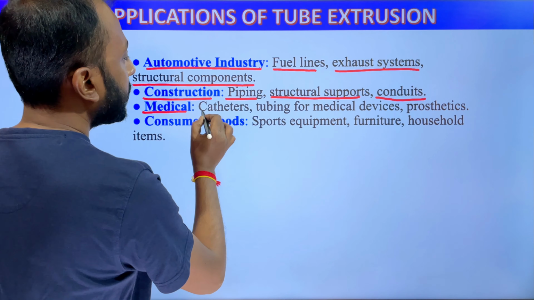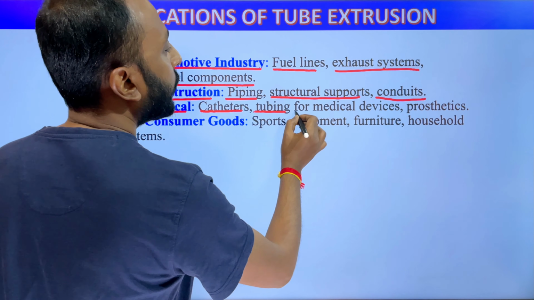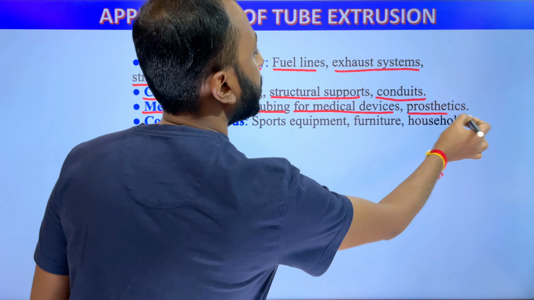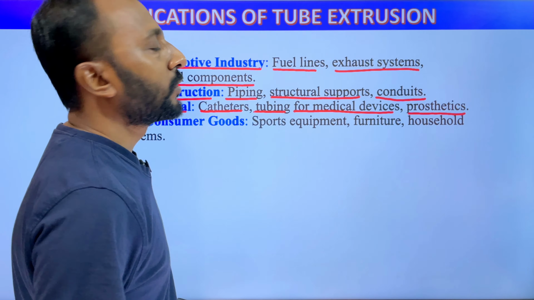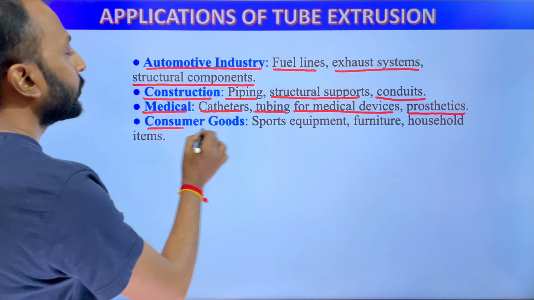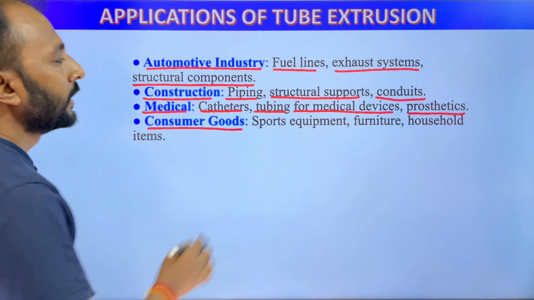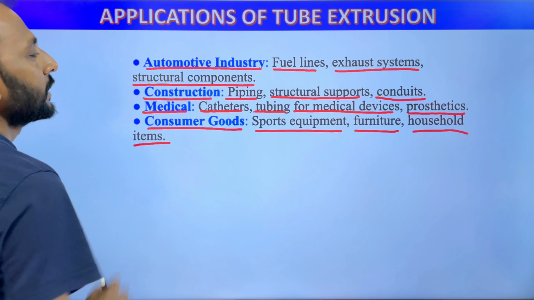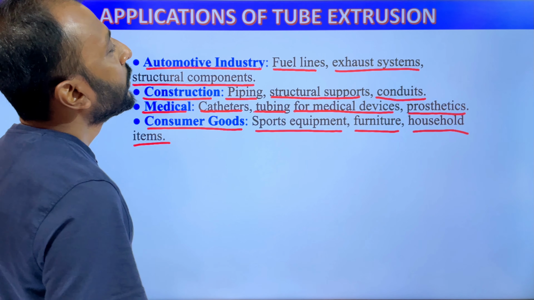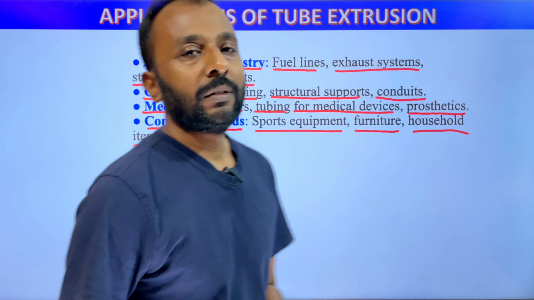In medical, catheters, tubing for medical devices, prosthetics, etc. are produced using tube extrusion process. In consumer goods, different consumer goods like sports equipment, furniture, household items, etc. are produced using tube extrusion process.